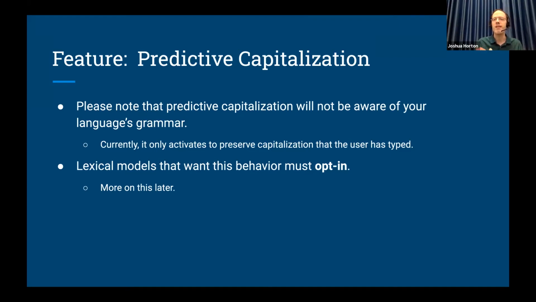But we don't have that there yet, and that part will require keyboard support, not lexical model support. So that'll be a little bit fun to handle when the time comes. Now, if you want there to be this automatic adjustment with capitalization, again, lexical models that want this must opt into it.